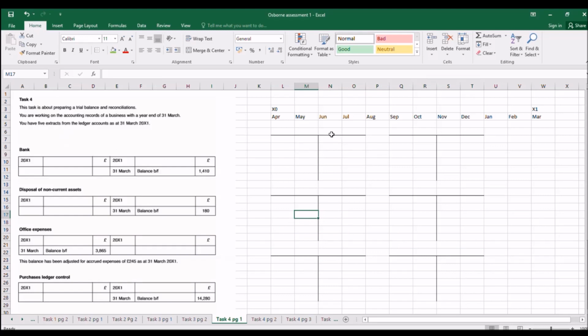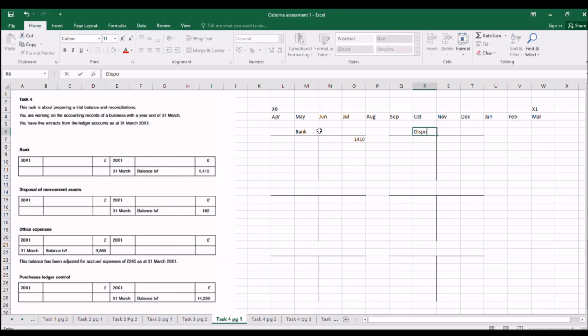Right, okay, so what have we got? We've got bank. I do dislike the way that they put it on the left hand side. Balance brought forward at the 31st of March X1, so this is the end of the year. Okay, so 1410, so basically an overdraft.